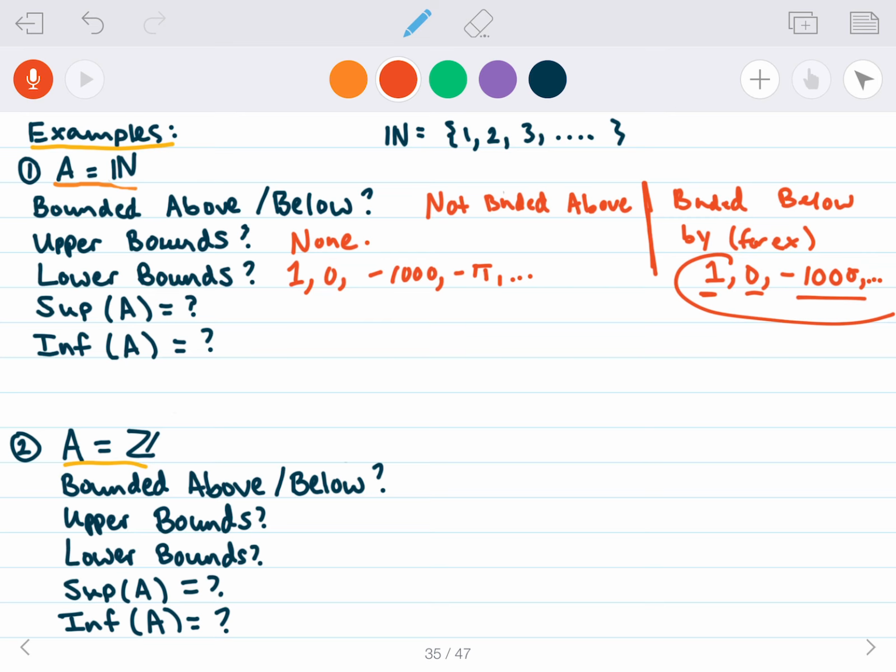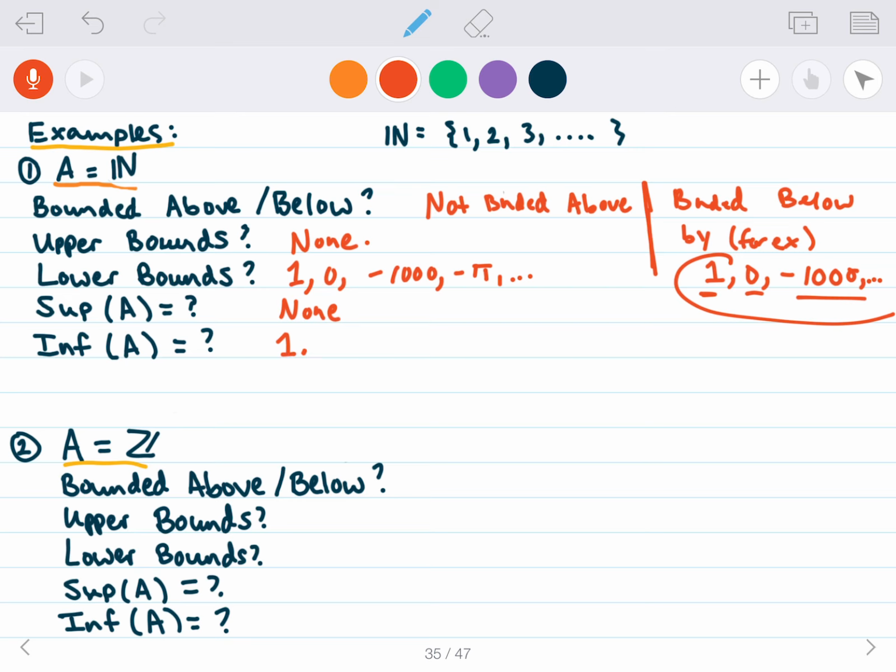Anything that is going to be smaller than or equal to every element in the natural numbers will work. So what's the supremum of A? Well, there is none, right? There's no upper bound, and hence there's no least upper bound. The infimum is going to be 1, right?